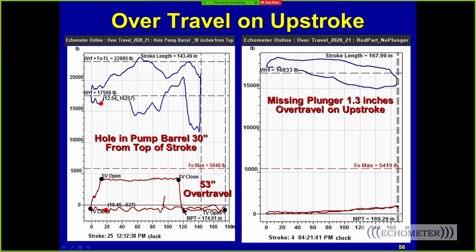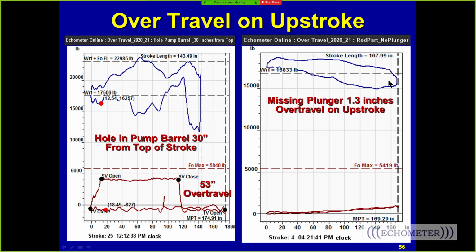And if we sample fast, we even see how long an instant is. It's probably less than about a 30th of a second. Maybe not quite that, pretty quick. And that causes a sudden release in load, and the rods unstretch on the upstroke, and that creates this additional over travel. And so the pump stroke has a longer stroke than the surface stroke due to the release of this fluid load on the upstroke.